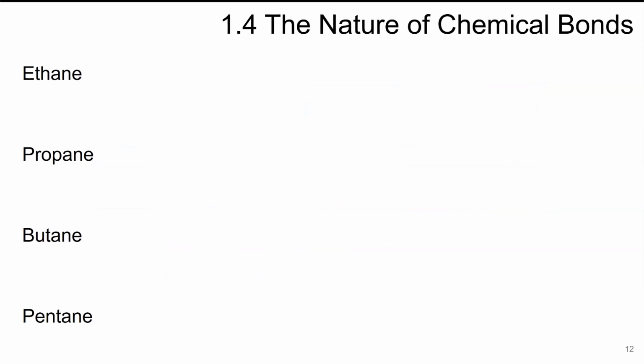For drawing structures of organic compounds, ethane is one that has 2 carbons. This is C, C. And there's enough hydrogens around here to fill in the rest of the remaining bonds. So this ends up being C2H6. Propane has 3 carbons.